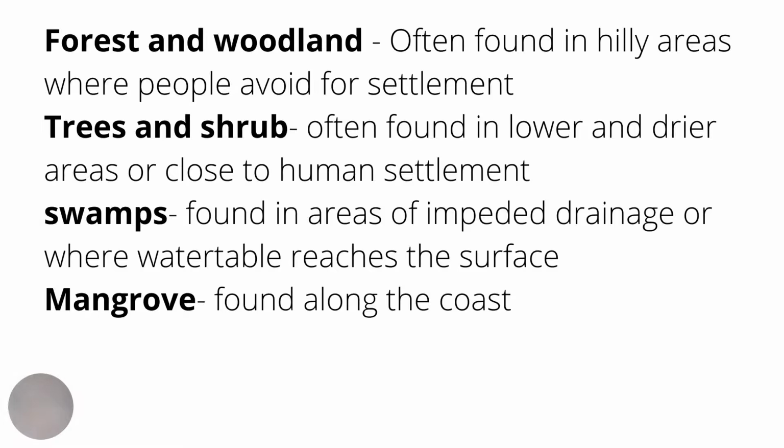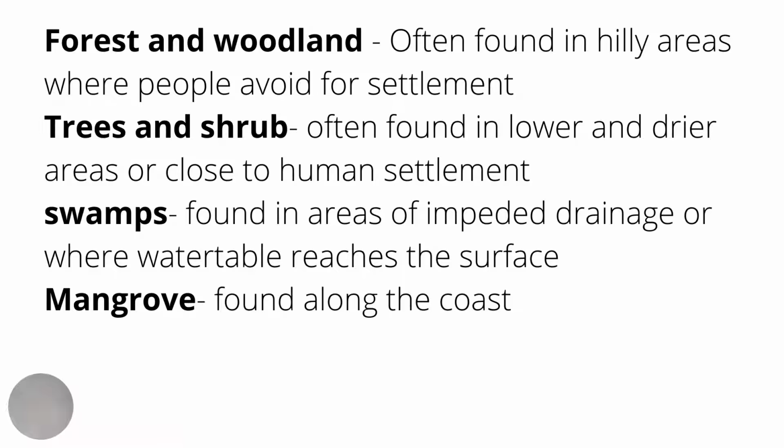But the woodland tends to have smaller trees. The trees tend to be shorter, just smaller in size in general, and they tend to be more sparsely located. All right, bear that in mind.